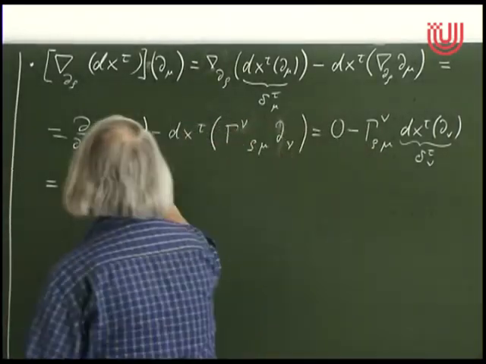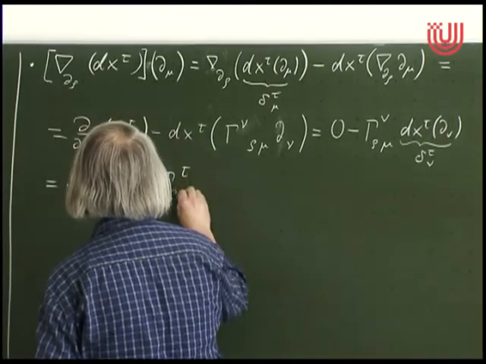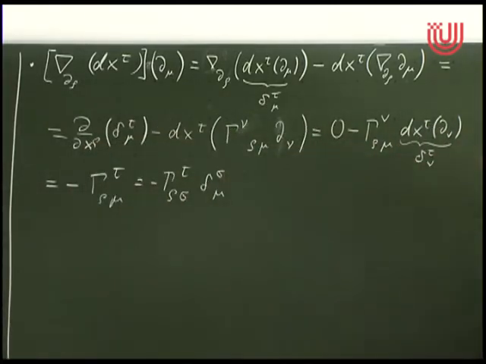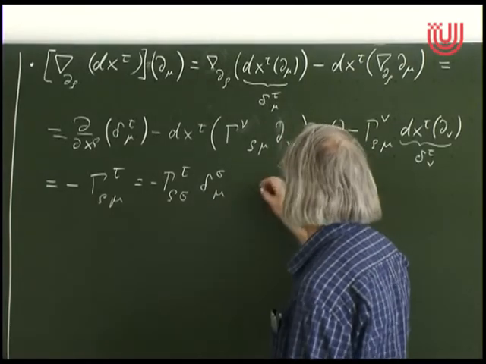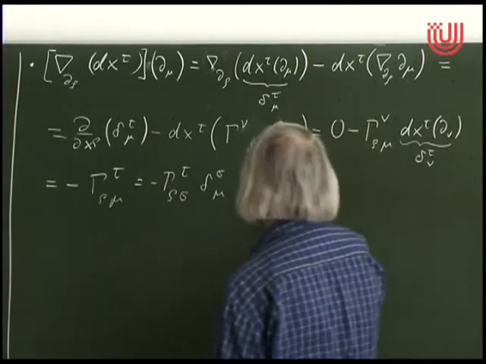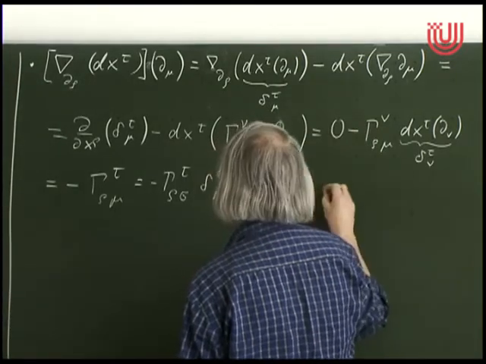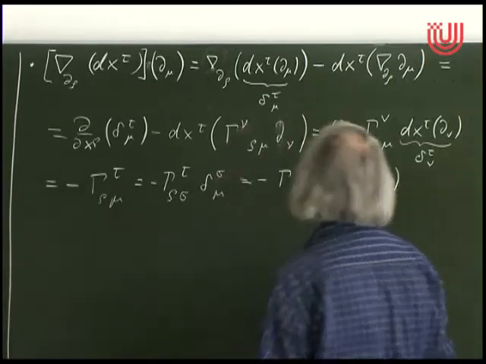Yes, I could write this in a more complicated way. This looks funny at first sight. You will see in a minute why I do this. This looks simpler, so you may ask why write it in this complicated way. But the idea is that I also get a basis vector d_μ here. Namely, this is minus Γ^τ_ρσ dx^σ applied to d_μ.